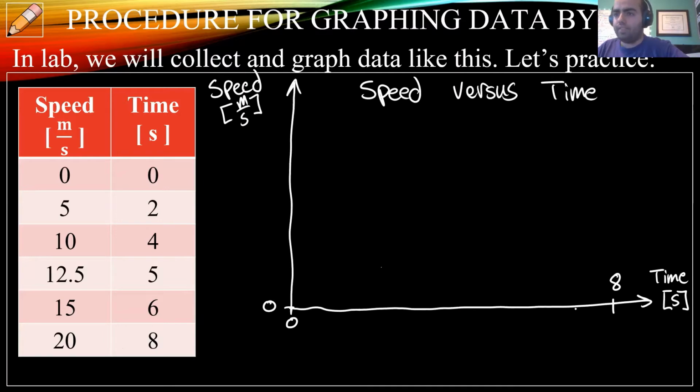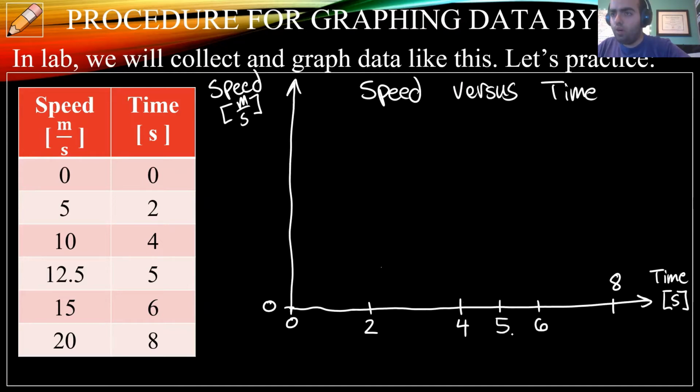And if this is 8 seconds, then I want to probably go halfway, more or less, and that would be 4 seconds. And then in between, halfway again, I would have 2, and then halfway between 4 and 8, I would have 6. And based on this data, I think counting by 2s makes sense, because it goes 2, 4, and then I've got 5, and 5 is going to be halfway in between 4 and 6.